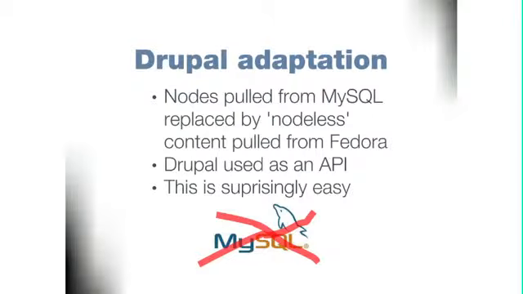So now to make Fedora work with Drupal requires a little bit of work, because obviously Drupal is MySQL based. So the first thing you have to do is knock out the nodes, because nodes belong to MySQL, not Fedora, and use it as an API rather than as a classic content management system used with MySQL. The odd thing is that it's quite easy to do that.